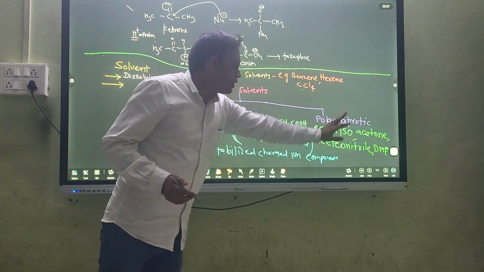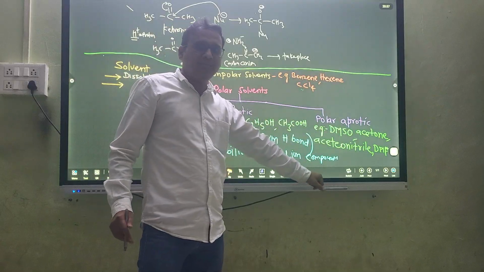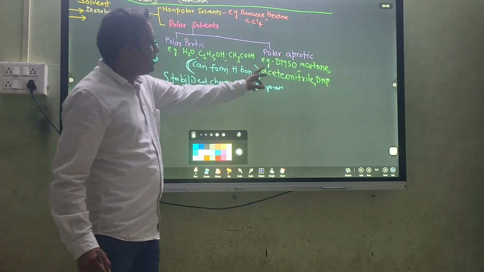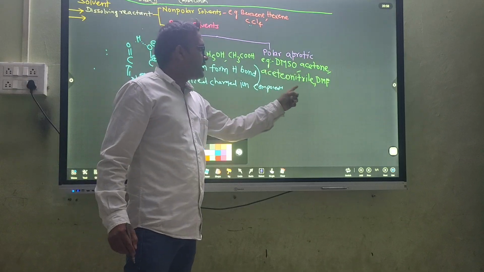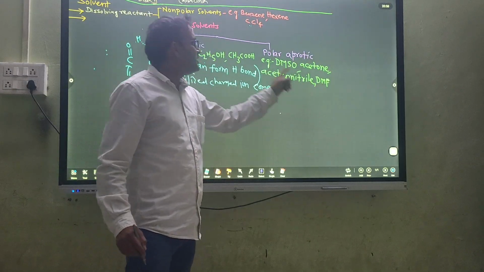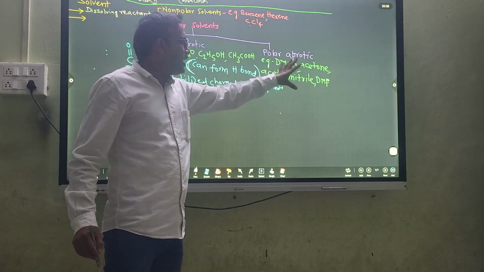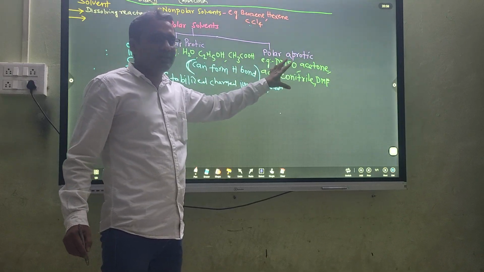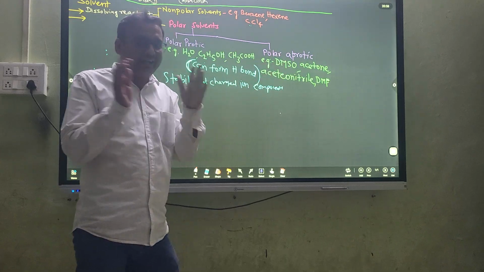Now for polar aprotic solvents, an example is dimethyl sulfoxide. DMSO, dimethyl sulfoxide, acetone, acetonitrile, and dimethylformamide are the polar aprotic solvents. These are also polar in nature, but they cannot form hydrogen bonds with the reactants.